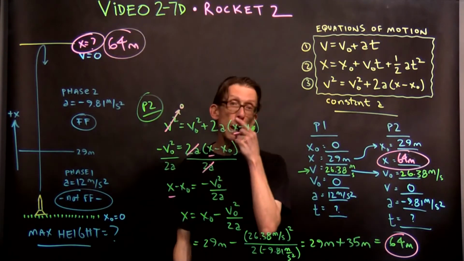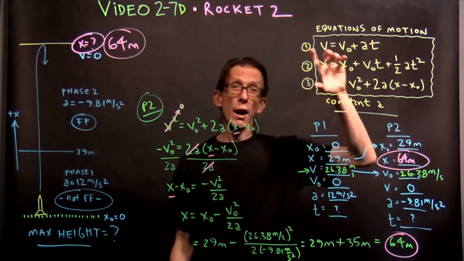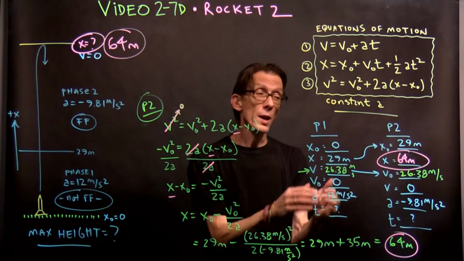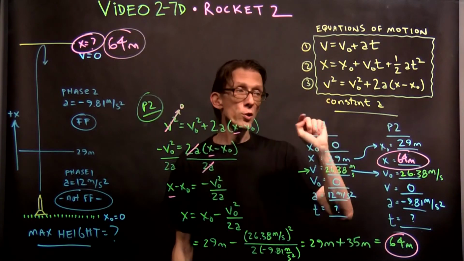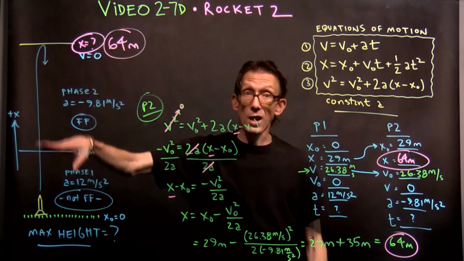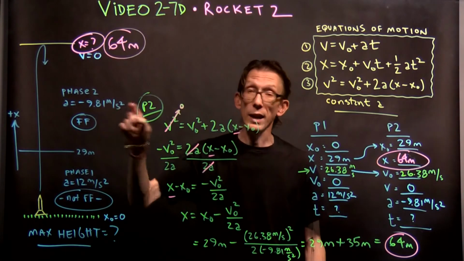That's a two-phase problem. To recap, we applied our equations of motion first to phase 1 and second to phase 2, because the equations of motion only apply for constant acceleration. And overall, this is not a constant acceleration deal. Acceleration changes from 12 to negative 9.8.